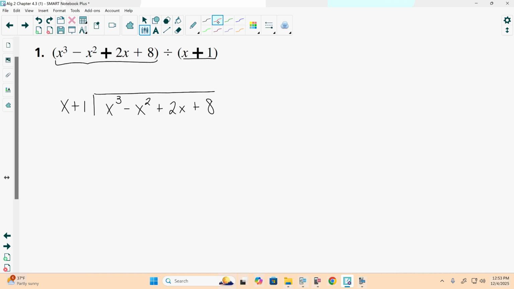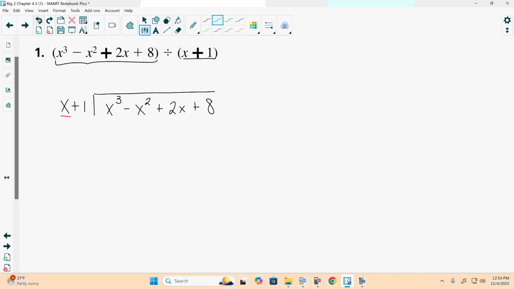Now, when we did long division, we tried to see what times our number gave us the first 2 digits, the first 3 digits. Here, we're trying to eliminate that first term. The way I've done it for years is we tried to see what times x gives us x cubed.